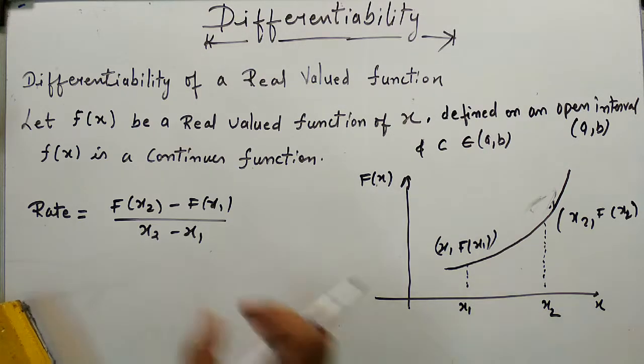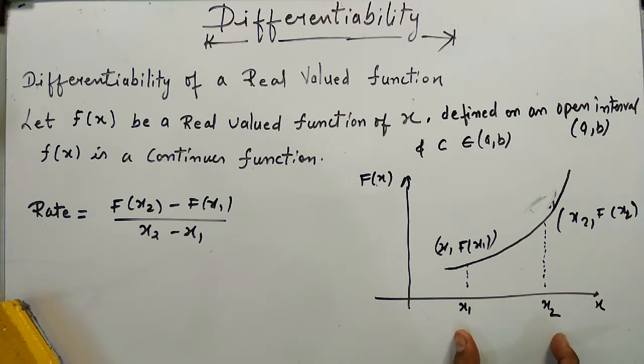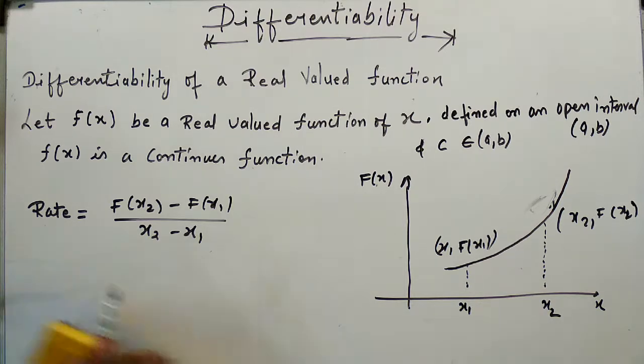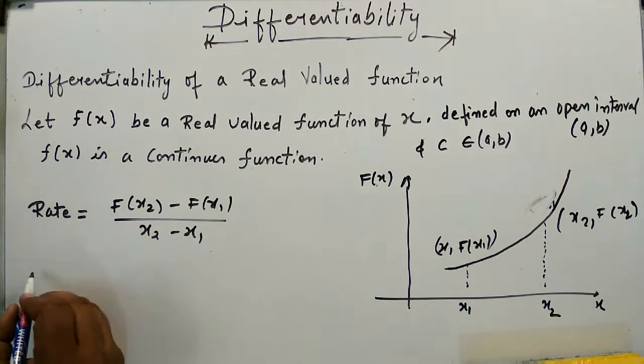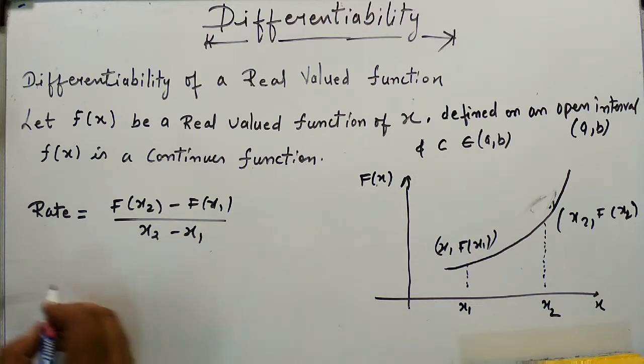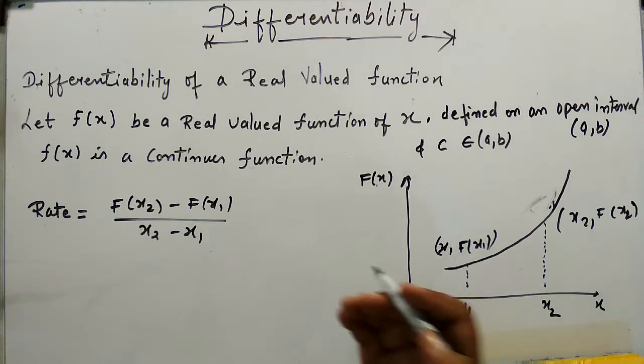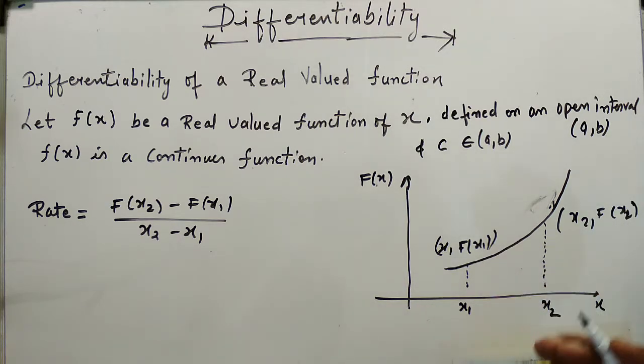Here, for calculating this rate, this change could be large or even small. Now what is differentiation? Differentiation is also a rate. By differentiation, we are also going to calculate the rate of change of f(x) with respect to x.